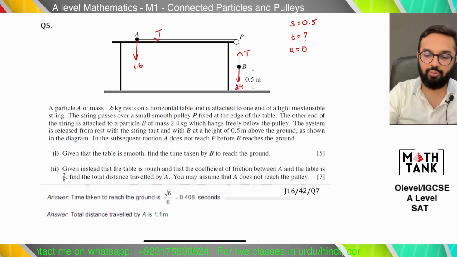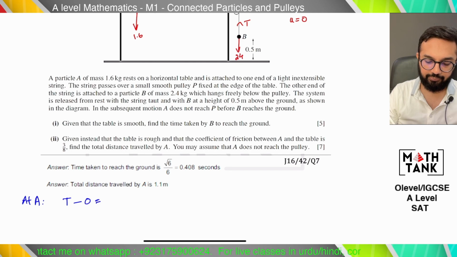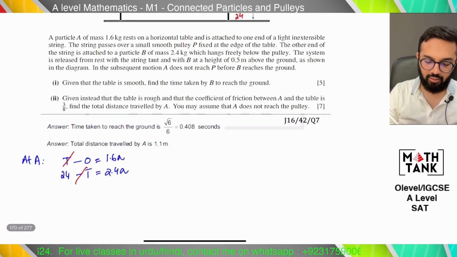Since there's no resistance to the motion at A, T minus 0 equals 1.6a, and then 24 minus T equals 2.4a.